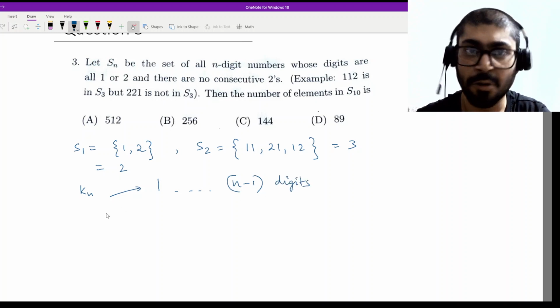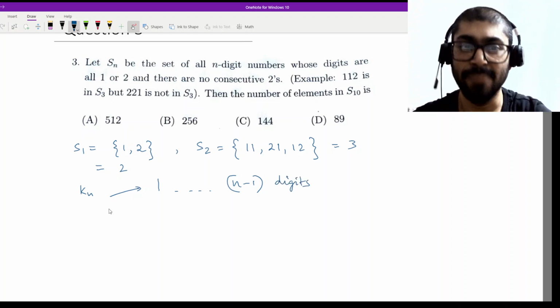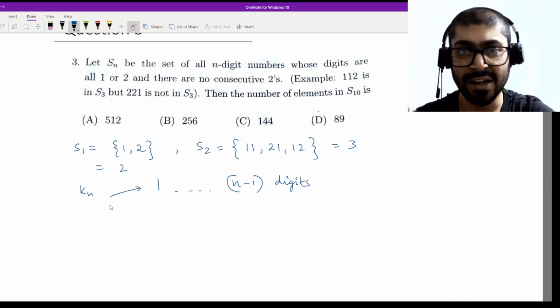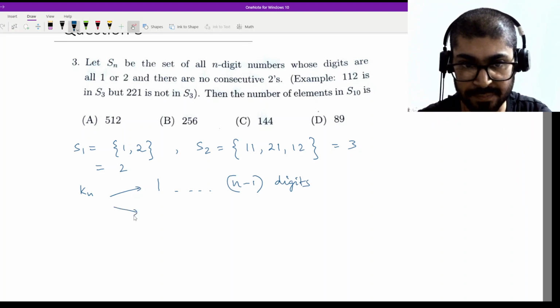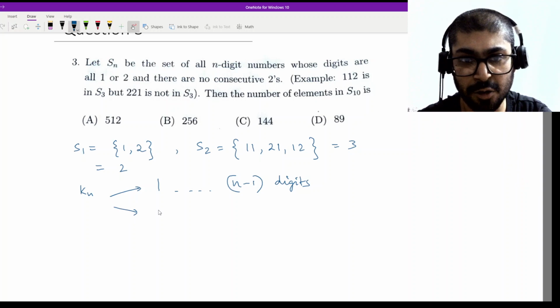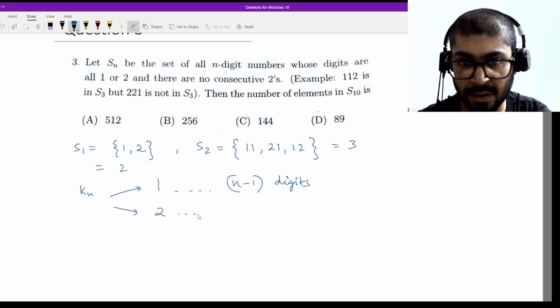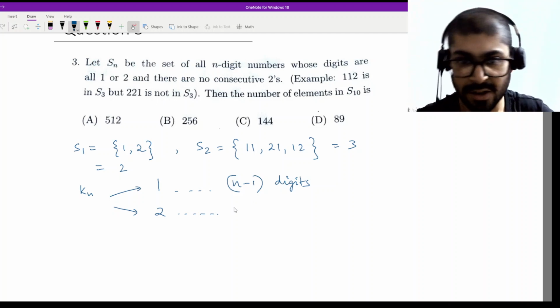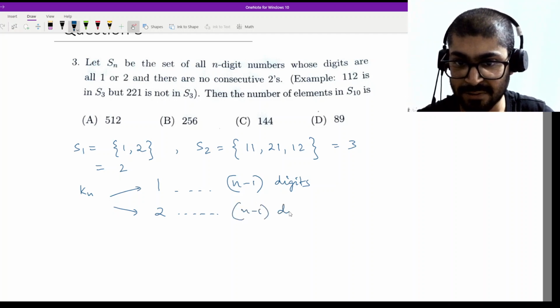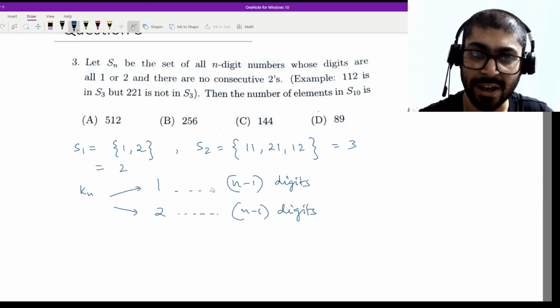We have considered that Kn is a valid member of Sn, so the rule of no consecutive 2's is followed. It can either start with 1 or start with 2, and then there will be n minus 1 digits after it.